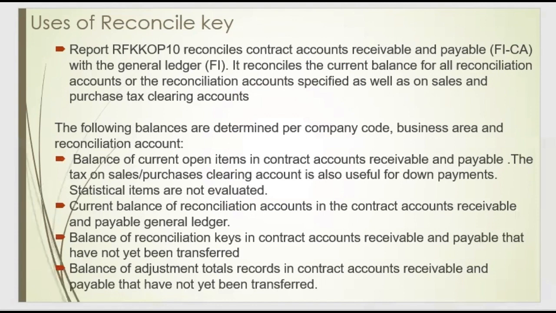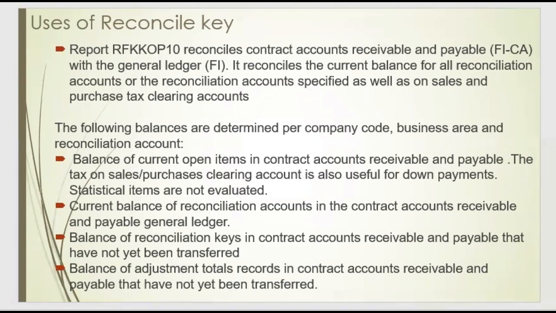I'm just trying to explain the reconciliation key role. It reconciles the current balance for all the reconciliation accounts or the reconciliation account specified, as well as the sales and purchase tax clearance accounts. Here there are two more items, sales and purchase tax clearance accounts. If you sell a product from the SD perspective, you need to collect some money.